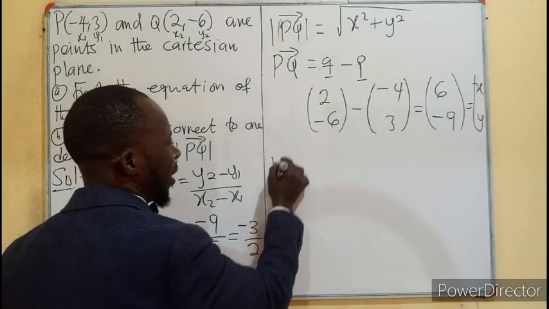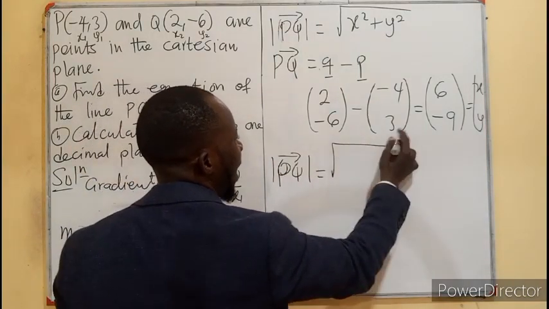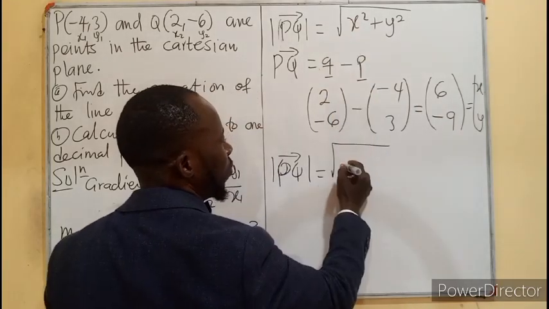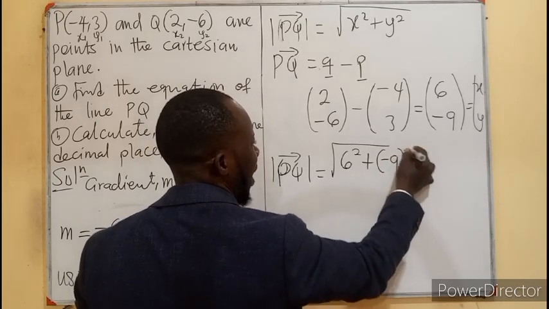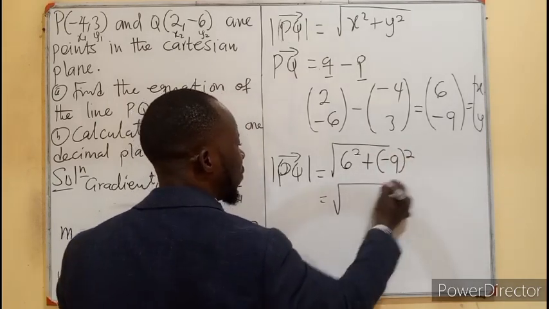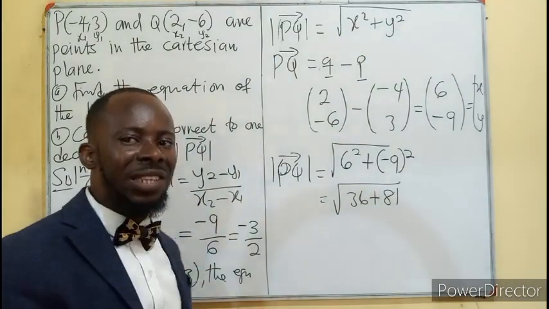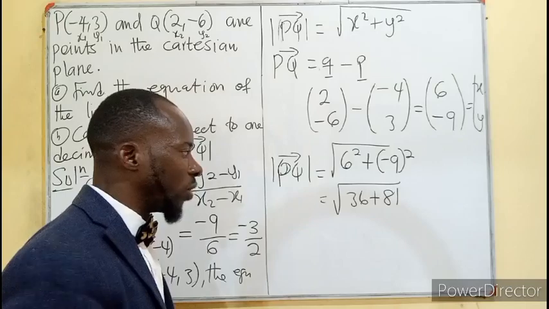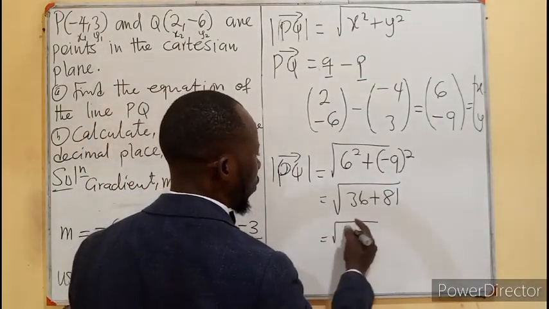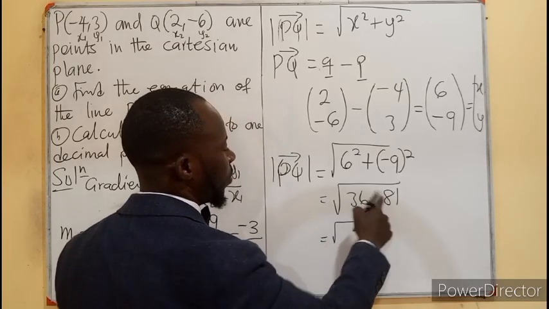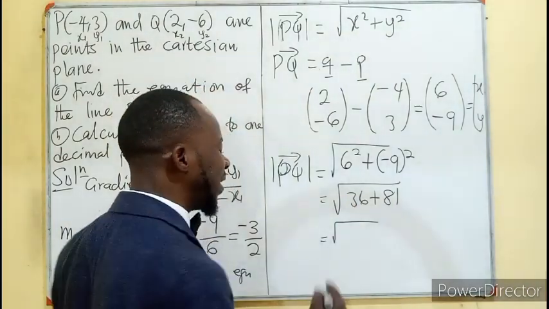So right away, the magnitude of PQ is going to mean x value squared, that will be 6 squared, plus y value squared, minus 9 squared. So I have 36 plus 81. Don't forget, negative 9 times negative 9 gives you positive 81. So 36 plus 81 will give us 117.